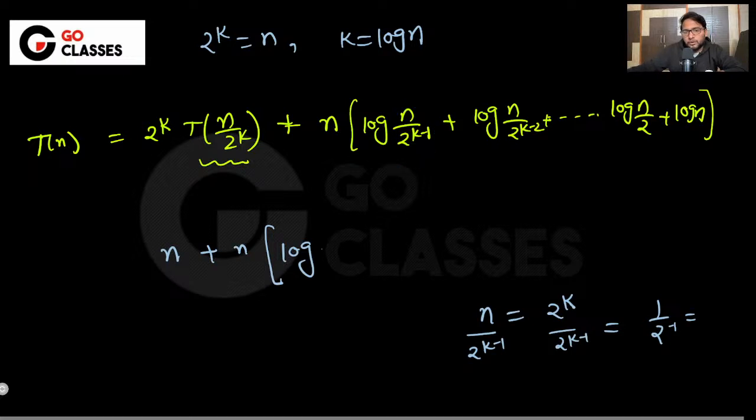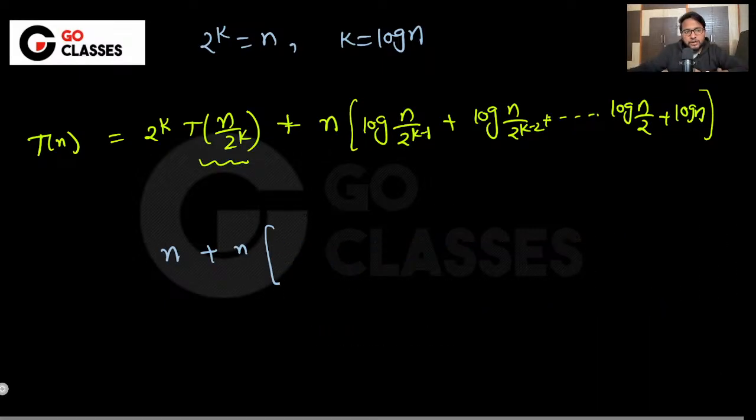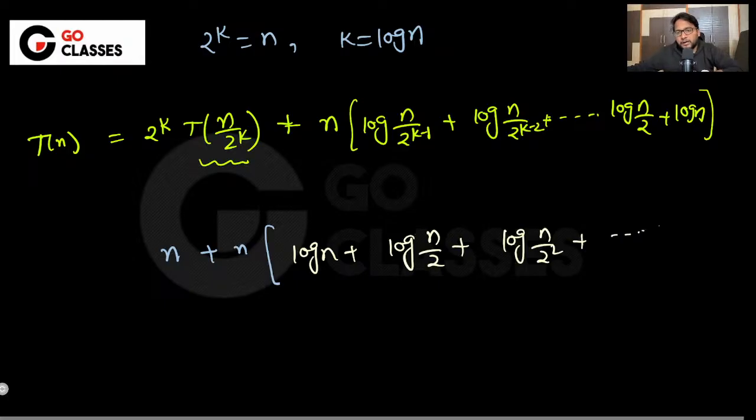So log 2 plus log of 2 square, and so on, right? Or maybe you can write it that way: you can write this term first as log of n, and then plus log of n by 2 plus log of n by 2 square, and so on, and ultimately log of 1 or log of 2 or whatever. Ultimately it is 1.